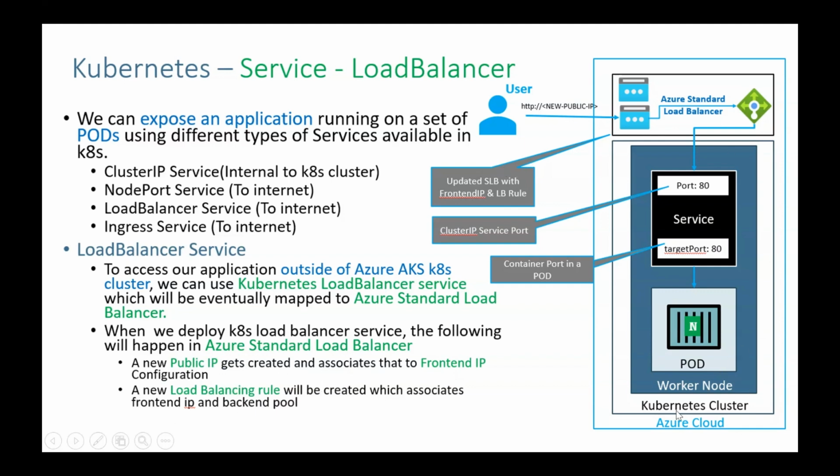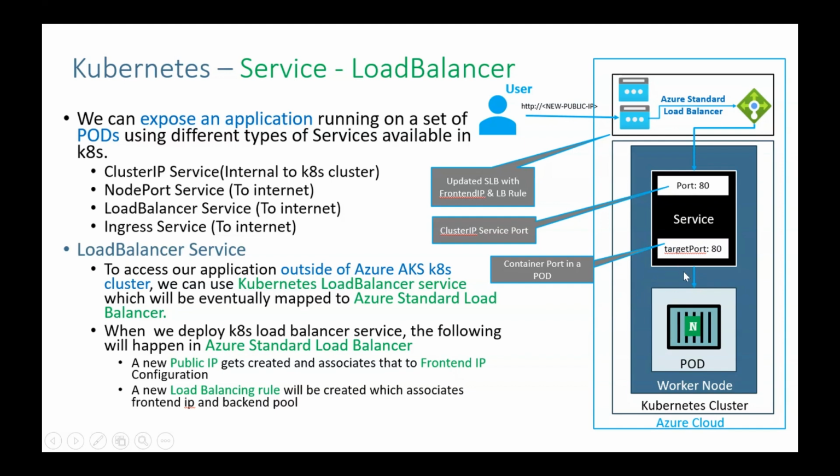If you see the diagram, we have a cloud. Inside that we have a Kubernetes cluster. We have the worker node, and inside that worker node we have a pod. And you can see the service is there with the port and target port. Target port is nothing but the container port, you can say, and the port is the service port.